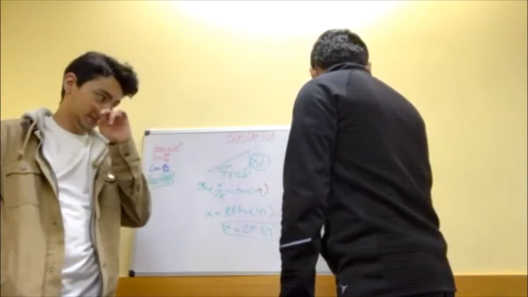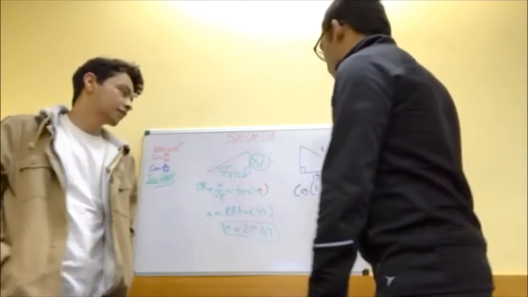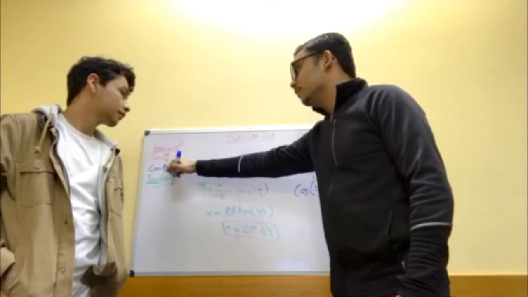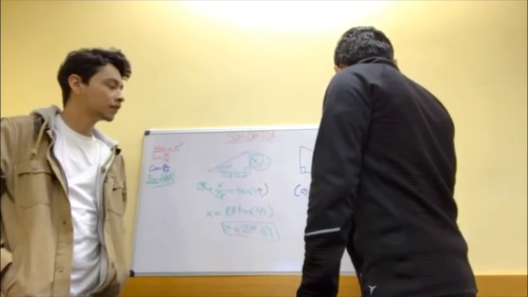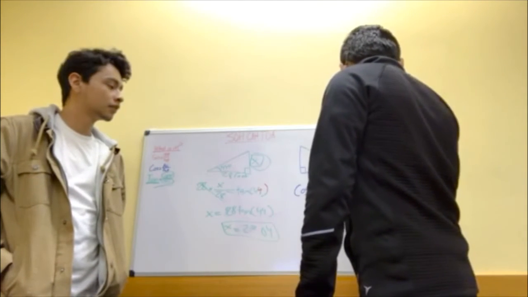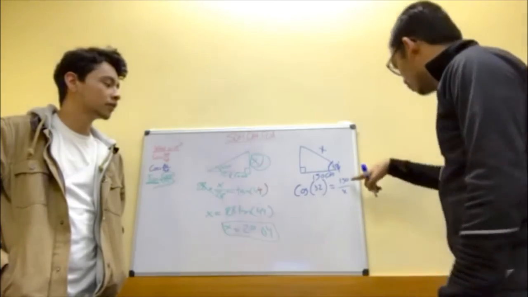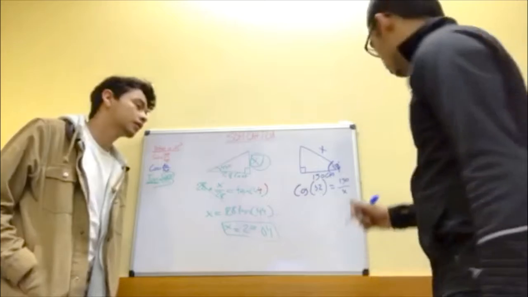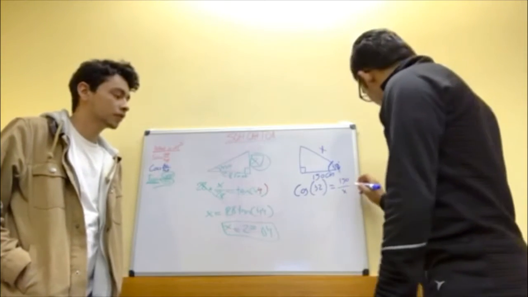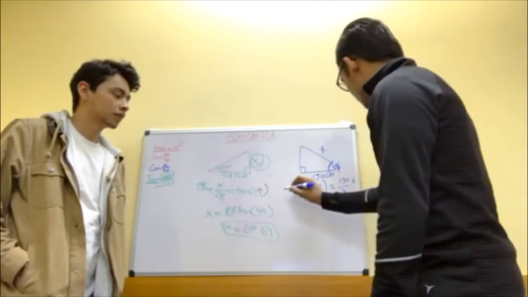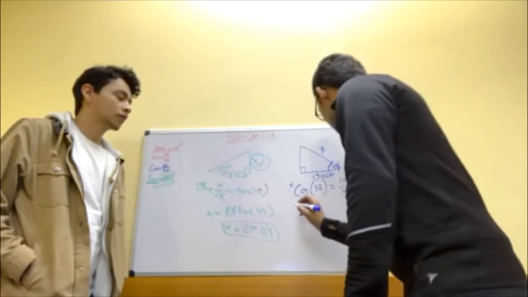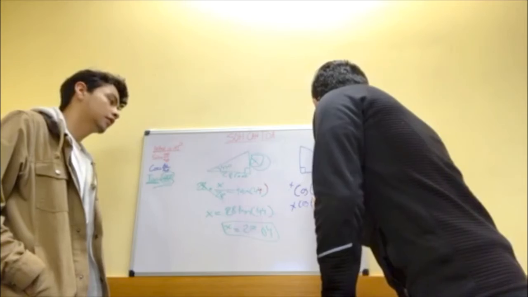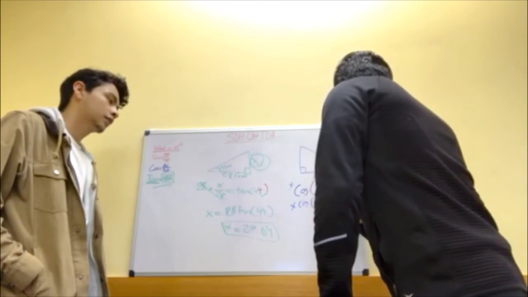So now to use cosine, we're gonna say cosine of 32 equals. Now we gotta say, do we need adjacent at the top or do we need hypotenuse at the top? We say we need adjacent, so it's going to be 150 over x. So this is going to be a bit different method to do it. So now what we're going to do is get rid of the x. We're going to go times x and times x. So now we're going to come down as x cosine of 32 equals 150.